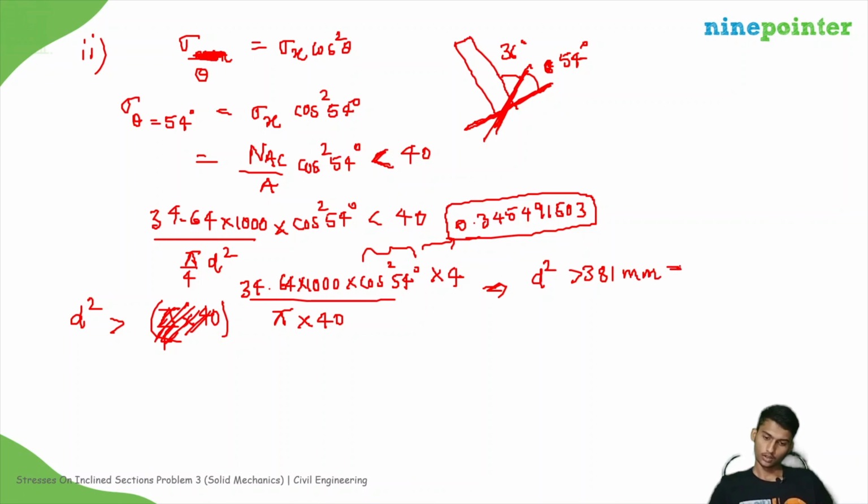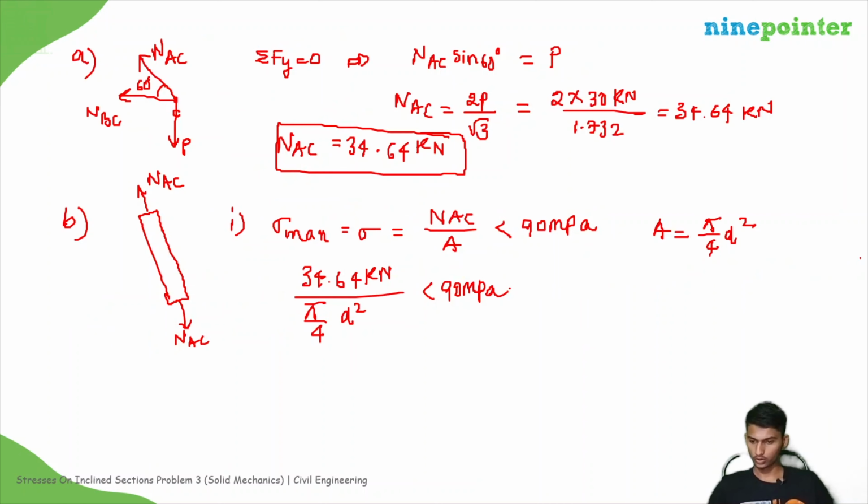Then d minimum in this case will be under root 381, that will be 19.5 mm, right? Let us go to the other case. In this case, d square is greater than 34.64 into 1000 into 4 divided by 90 into pi, right?